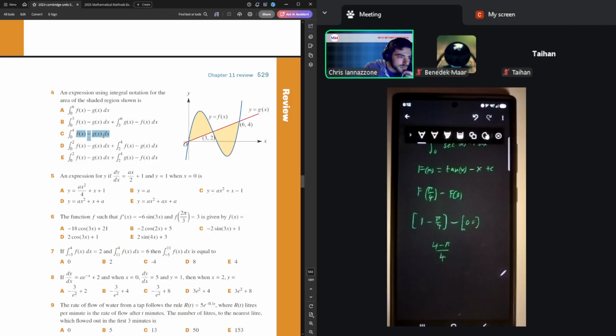Just for the fun of it, the other questions, so 0 to 4 is just a pretty wonky looking integral. Perhaps the mistake there would be setting the y value on your integral rather than the x value, and also not accounting for the fact that you've got a flip between them.